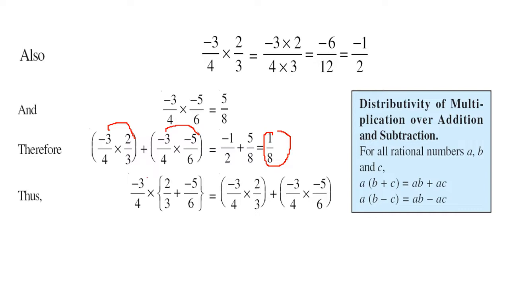So you can perform the distributivity of multiplication over addition, and also subtraction. Multiply this by this, then add the result of this by this. So a into b plus c is nothing but ab plus ac. A into b minus c is nothing but ab minus ac.